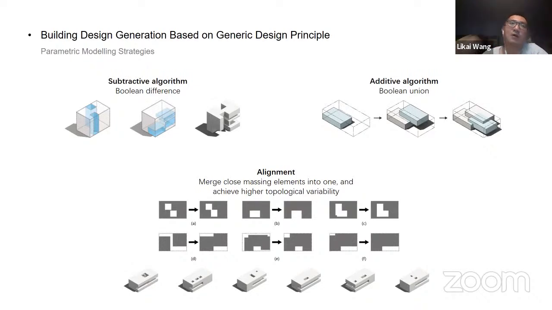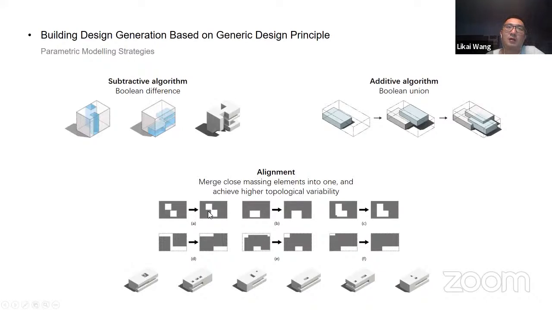the algorithm. For example, alignment is a very important constraint in these two algorithms, because when there are two small mass units very close to each other, if we don't apply the alignment constraint, there will usually be a very narrow space between these two volumes, and this space is usually useless for architectural design.